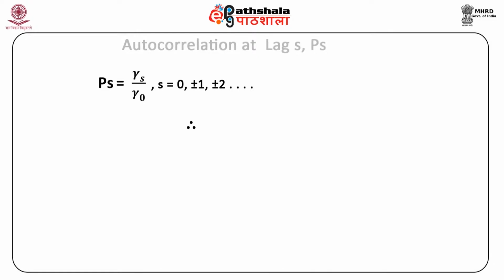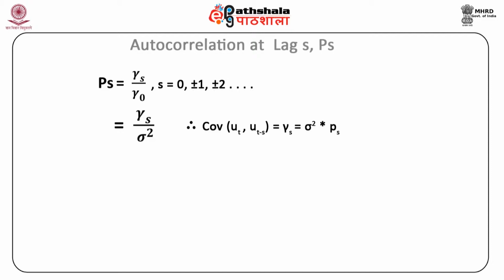Now this is equal to gamma_s / sigma squared, because as we said earlier, gamma_0 is equal to sigma squared. Therefore, the covariance of u_t and u_(t-s) is equal to gamma_s, which is equal to sigma squared times rho_s.